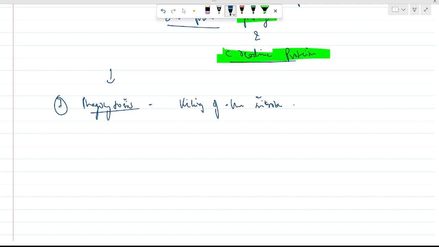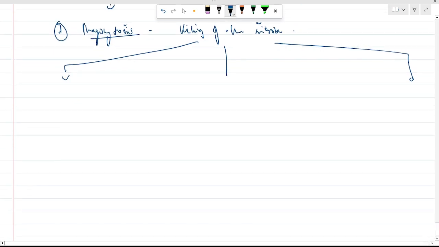This occurs in 3 steps. First is the recognition and attachment of the neutrophils to the microbes after opsonization, which leads to the second step, engulfment.